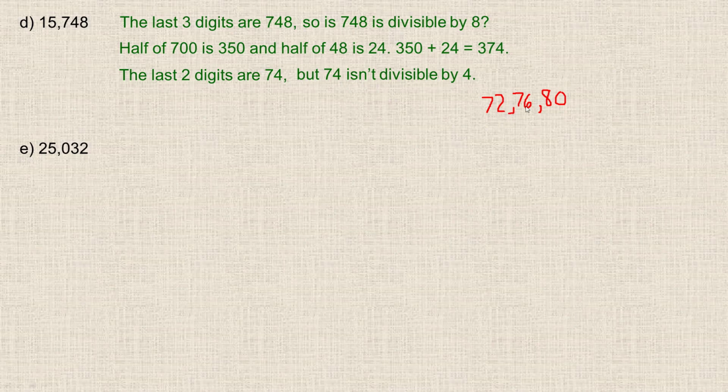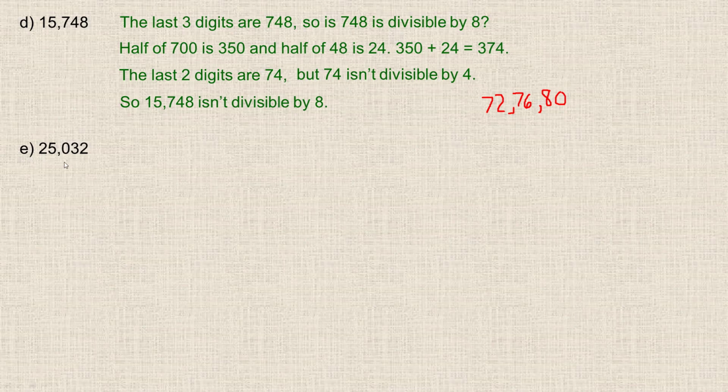It's between 72 and 76. That's a multiple of 4. That's a multiple of 4. So 74 wouldn't be a multiple of 4 because it's in between two multiples of 4 that I'm aware of. So because it's not divisible by 4, that means that 15,748 isn't divisible by 8.